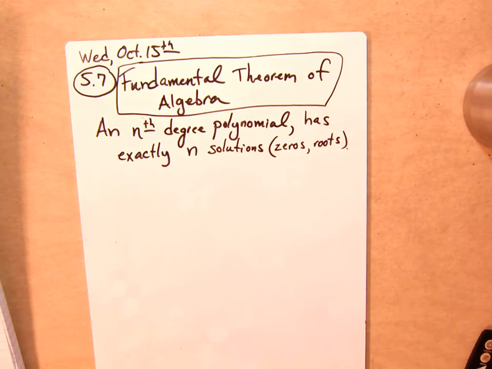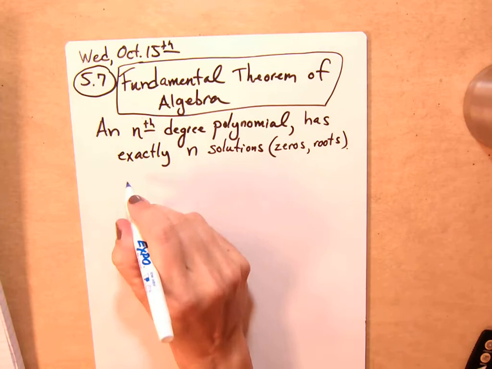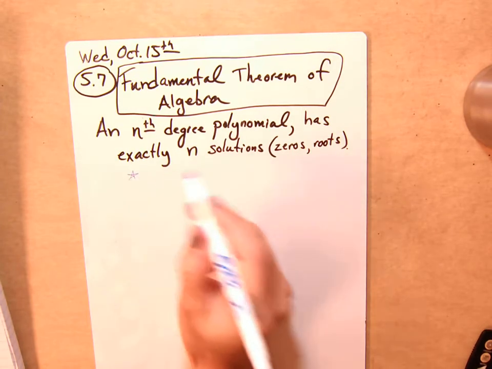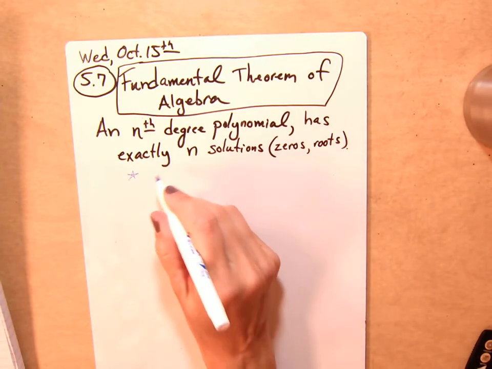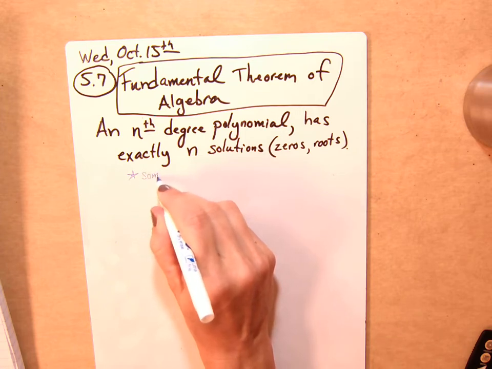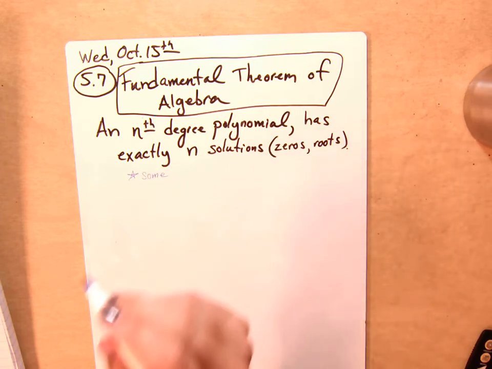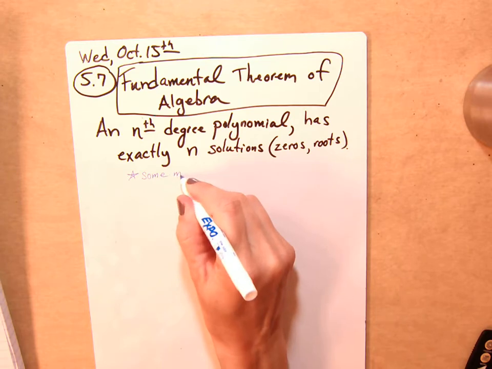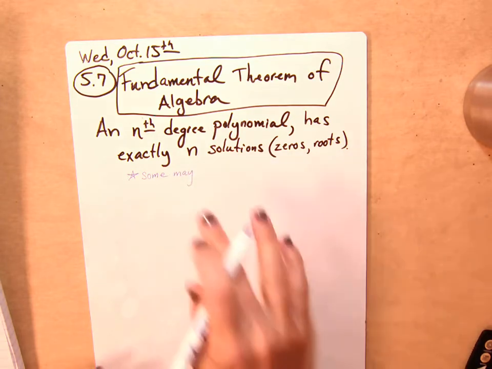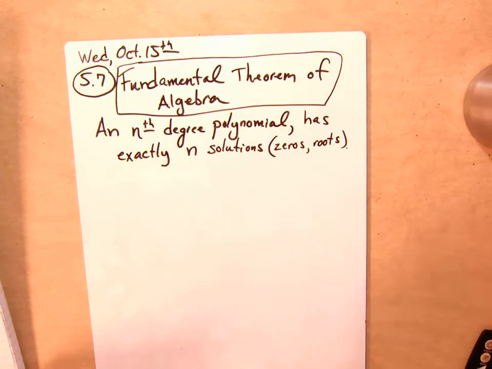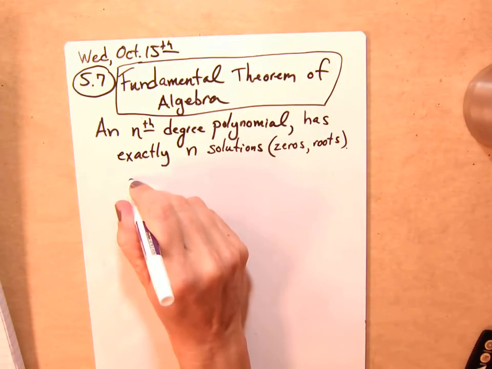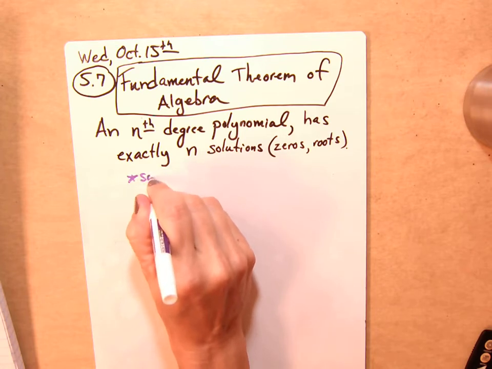So when we're solving something that's 5th degree, we're looking for 5 solutions. Now granted, however, some of those solutions may be double roots or imaginary, or triple roots. So it doesn't mean there are 5 real solutions.